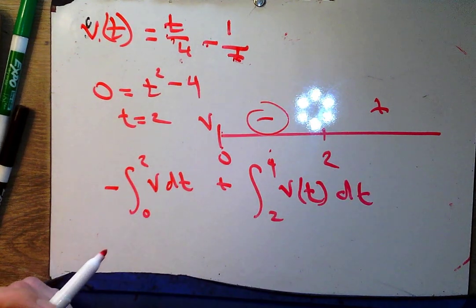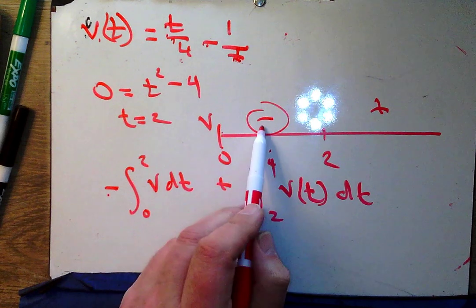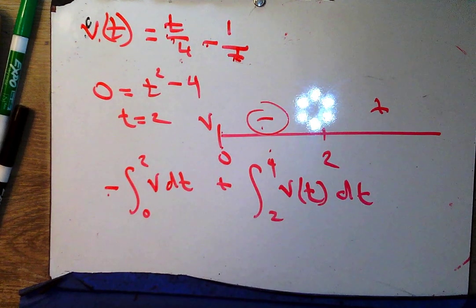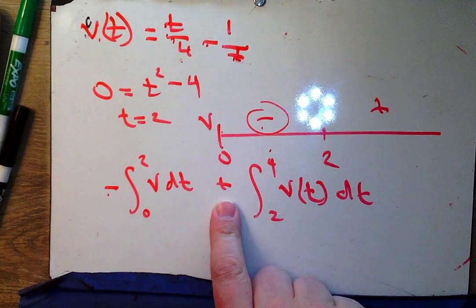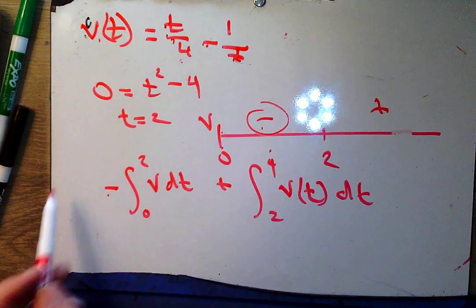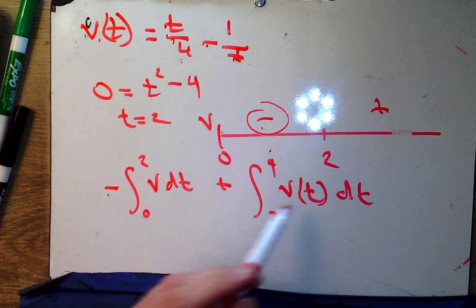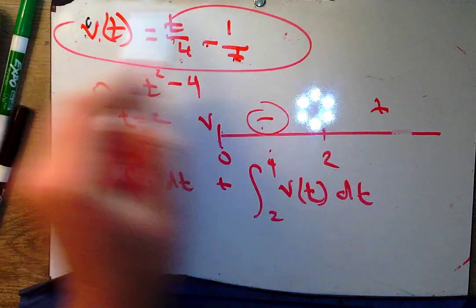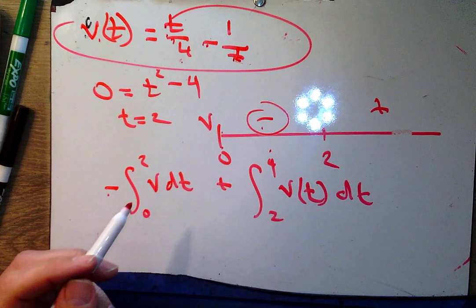Great. So this one's being subtracted because v is negative on that integral, and this is being added because v is positive on that integral. Okay, and I need to find these values. I think I'm going to skip that because I really don't think you need my help with that. But no, you're not done yet. You have to evaluate each of these integrals using this v of t and move on.